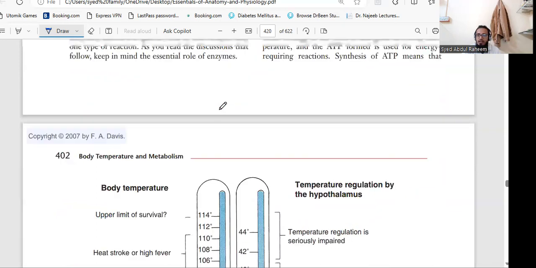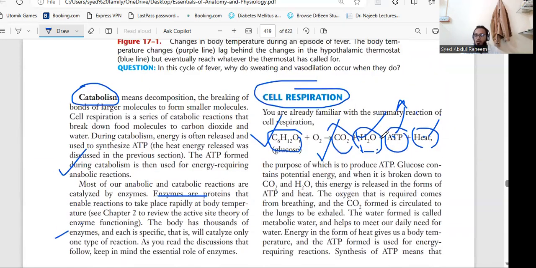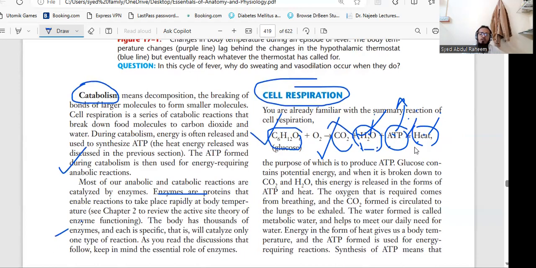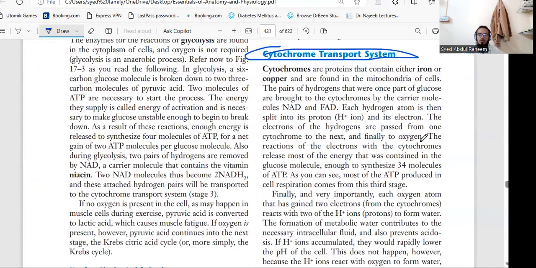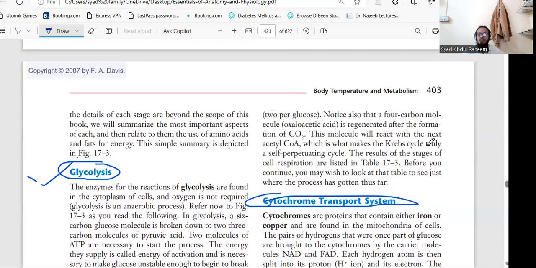Here carbon dioxide is eliminated, with water, energy and heat. Heat is the end product. These are the end products, which are utilized by our cell. So here we discussed three things: metabolism with its categories anabolism and catabolism, and cell respiration.